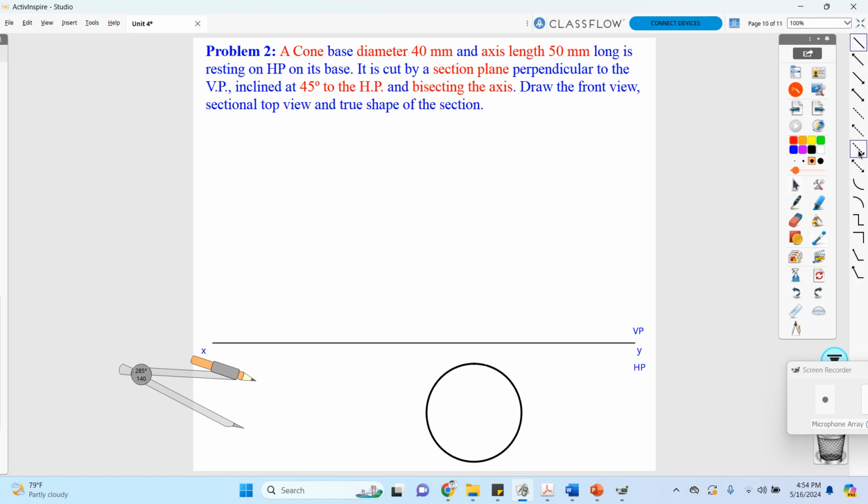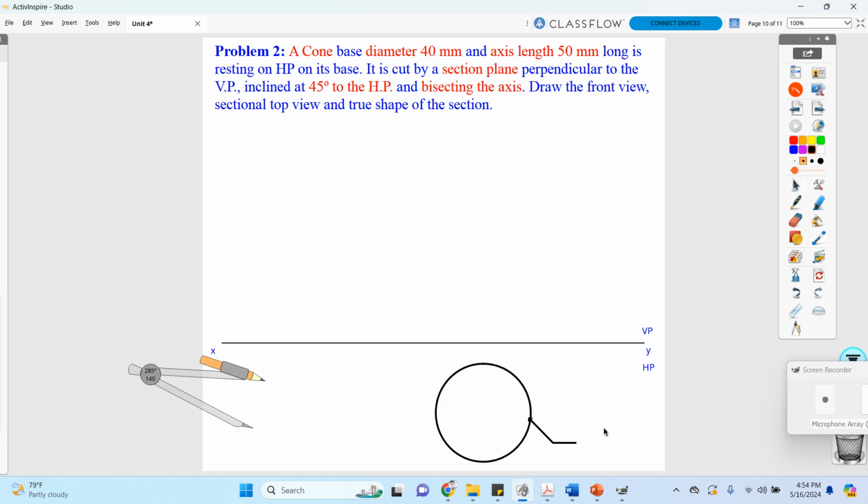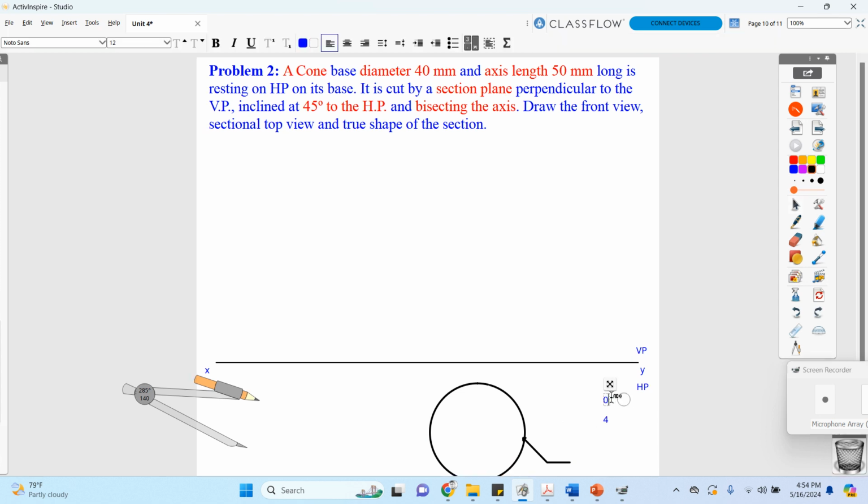It is 40 mm. So I am going to mark this as 40 mm. Okay, so this is the diameter of 40 mm.